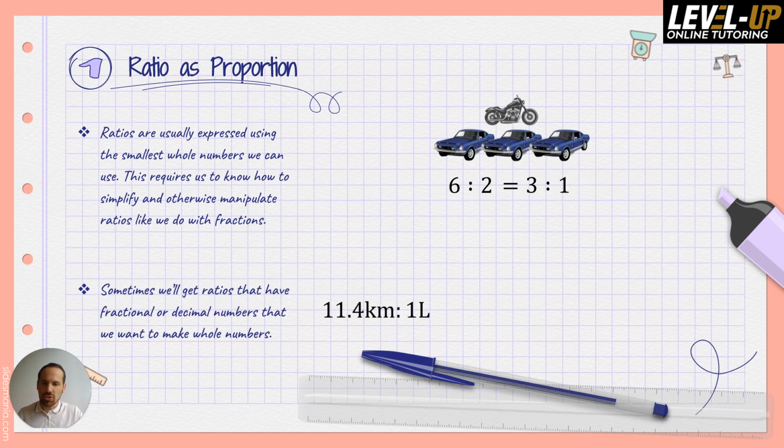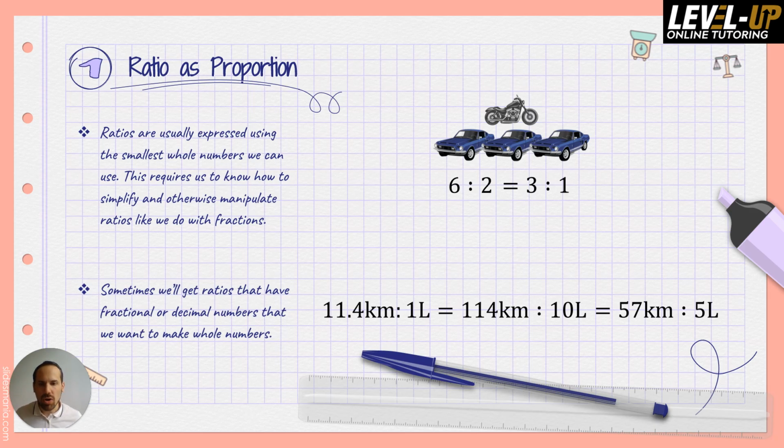What we could do is multiply both sides by 10 to get 114 kilometers for every 10 liters, and then simplify those numbers by looking for common factors again. In this case, we see a common factor of 2. We can divide the 114 by 2 to get 57, and the 10 by 2 to get 5. And so we've manipulated that ratio to get the smallest whole numbers that we can, if we wanted to do that, or we could go vice versa.